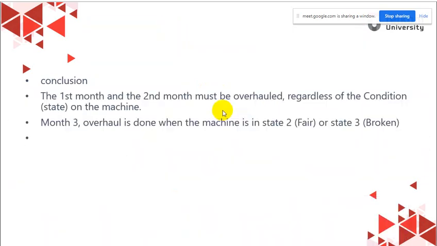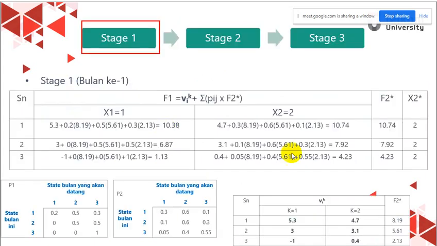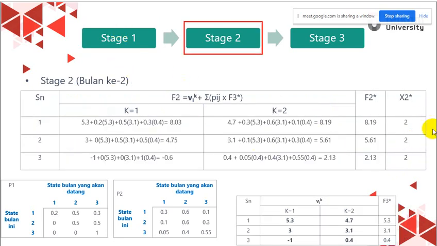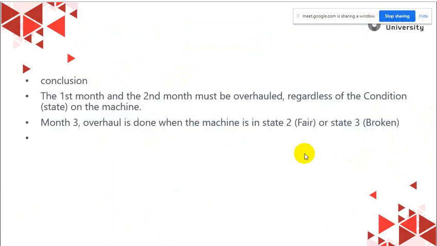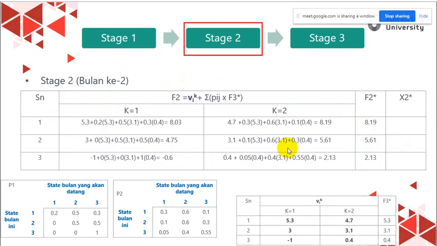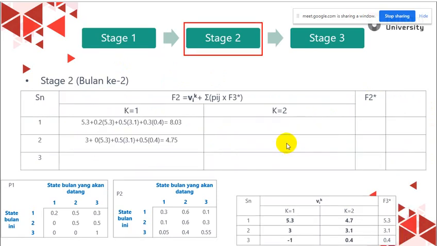Okay. So the conclusion is the first month and the second month must be overhauled regardless of the condition or state of the machine. So we can see here that stage 1 is 2, 2, 2 and stage 2 is 2, 2, 2. But for month 3, overhaul is done when the machine is in state 2 or state 3. So we created a scenario here based on Markov chain probability.